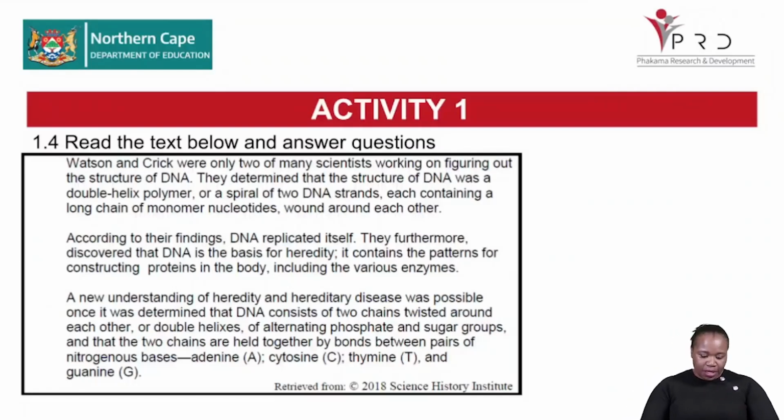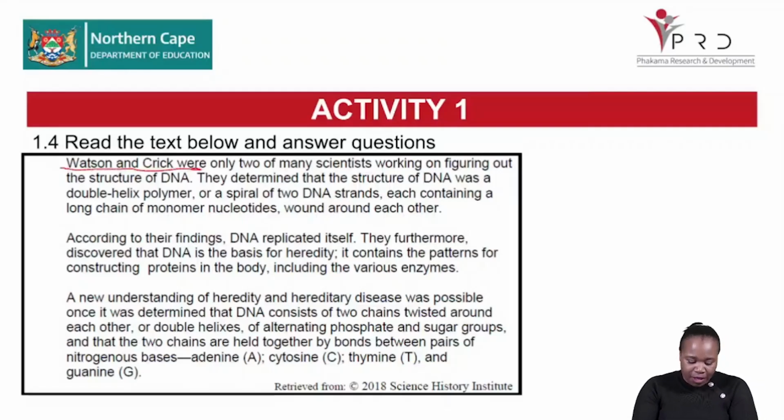Right? It says here, Watson and Crick were only two of many scientists working on figuring out the structure of DNA. In the previous lesson, we looked at the history of the discovery of DNA. So you know who we're talking about when we're talking about Watson and Crick.